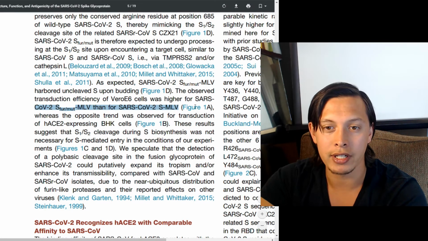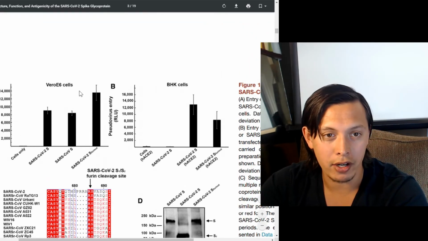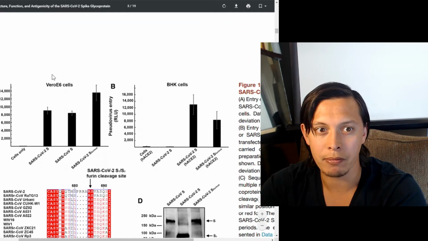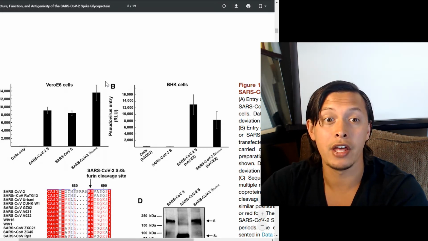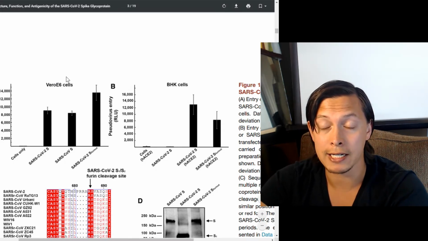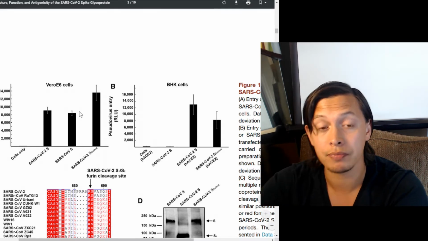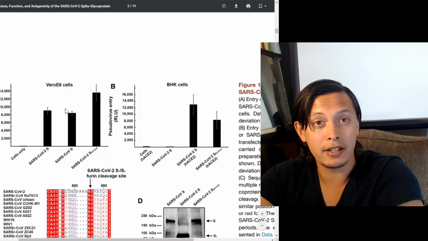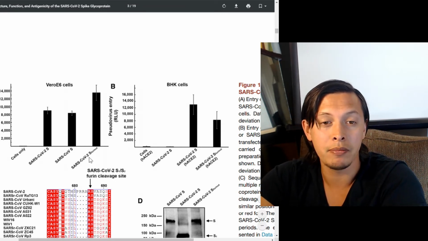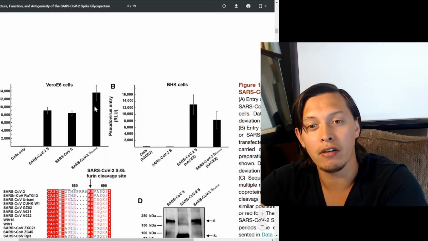So we can see in the monkey cells, which express the ACE2 receptor and furin, and also express these specific proteins that can do cleavage, they took these viruses that had the furin mutant on them, and they actually got a relative increase in how many were able to get in.